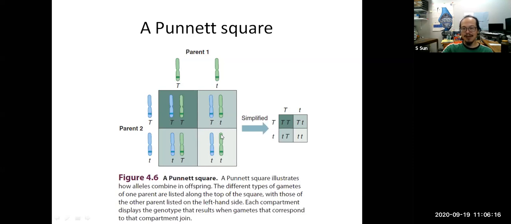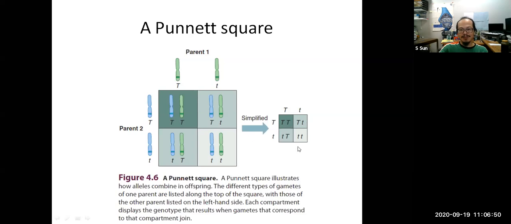The frequency to have two homozygous recessive alleles is 1/4, so it's 25%. So from here, we can quantify the frequency of a genotype. 1/4 is the homozygous dominant alleles, and 1/4 is the homozygous recessive alleles.